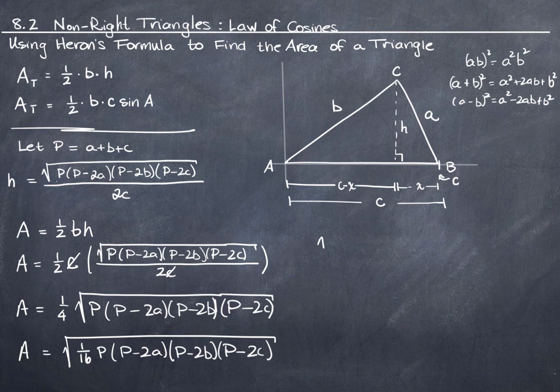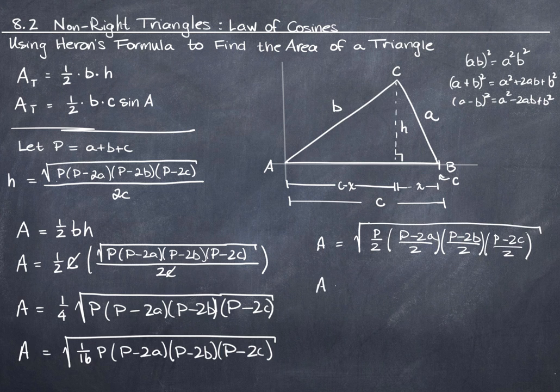So that gives me A equals the square root of P over 2 times P minus 2A over 2 times P minus 2B over 2 times P minus 2C over 2. And that's all under my square root.